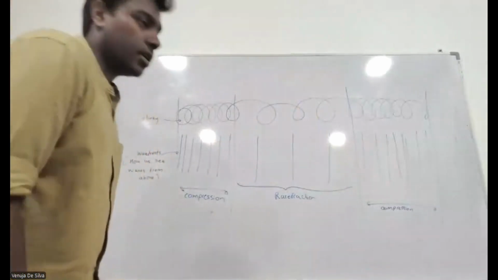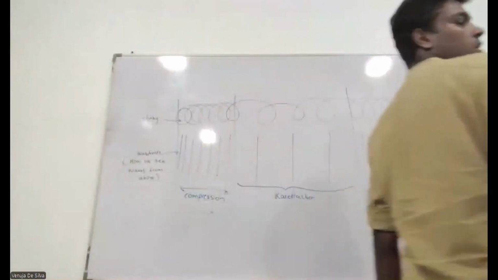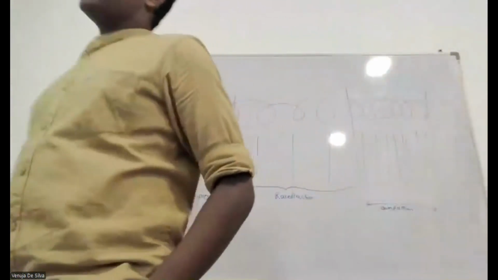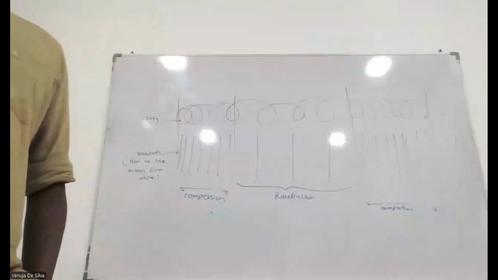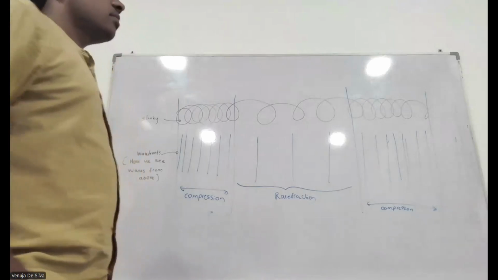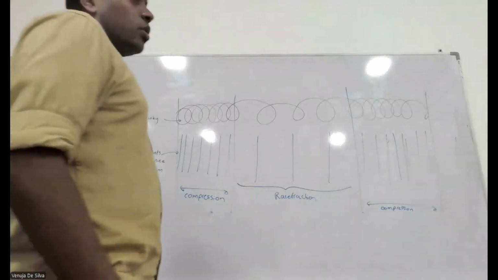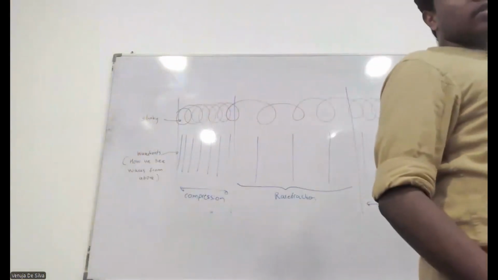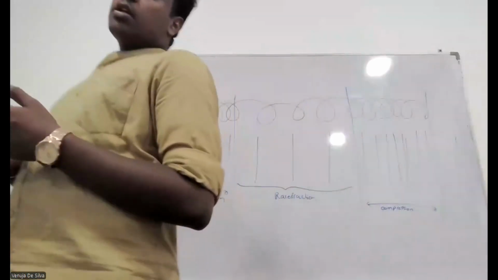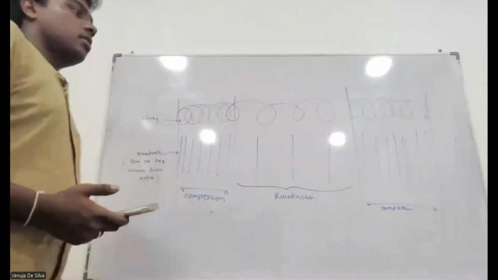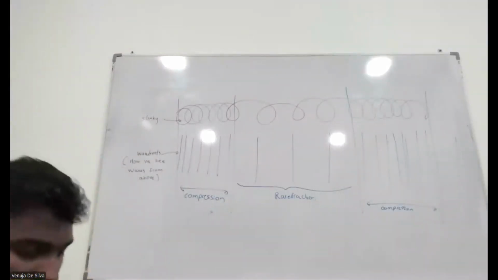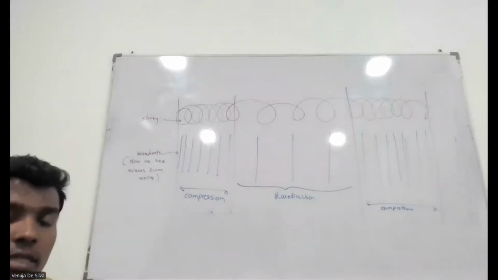Compressions: areas in a longitudinal wave where particles are closer to each other and the pressure is maximum.